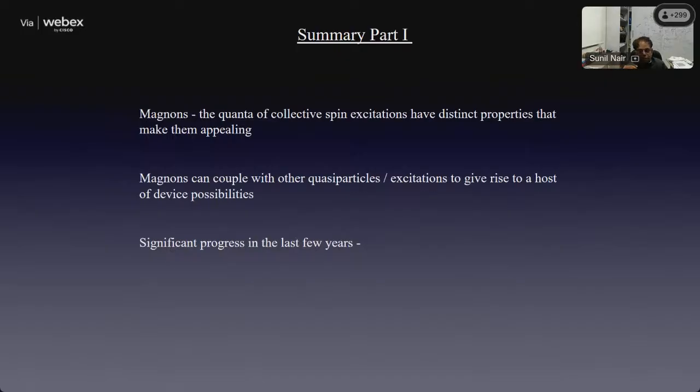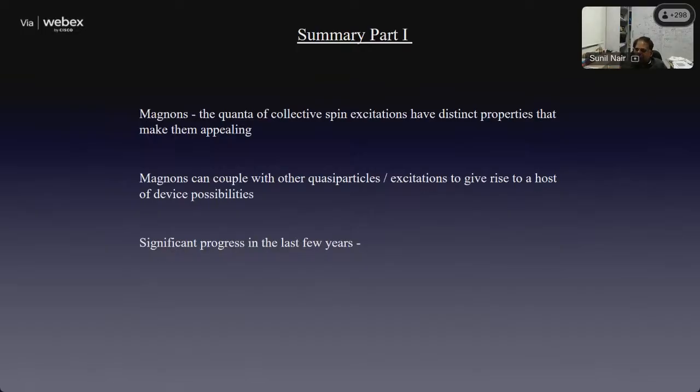Magnons can couple with other quasi-particles or other excitations and can give rise to a host of hybrid device possibilities. So you can have magnons coupling with photons, phonons, other magnons, and so on. And this gives rise to a number of different playgrounds for us to play with when it comes to applications. And there has been a significant amount of progress in the last few years.